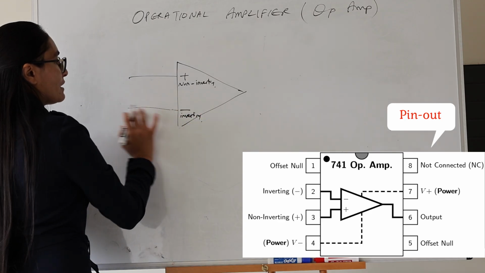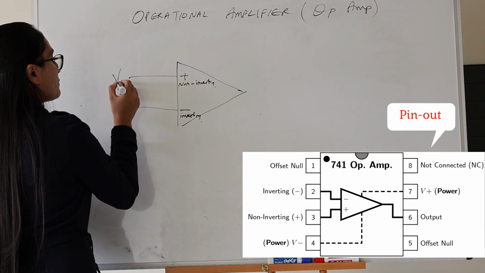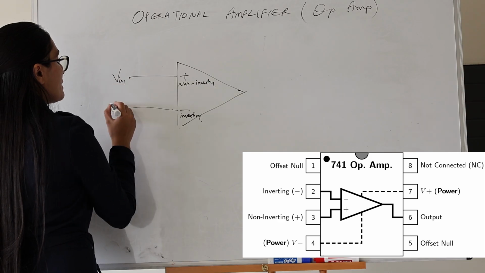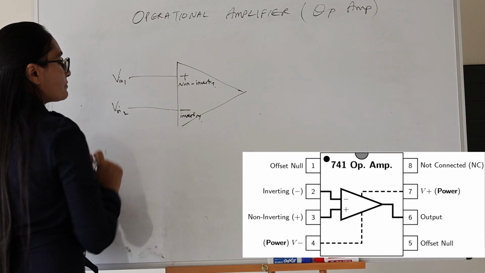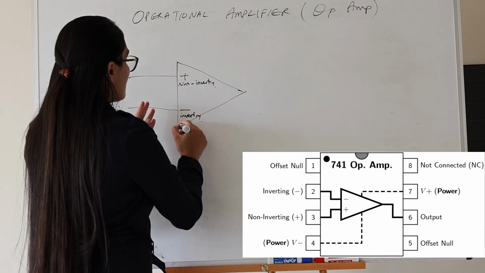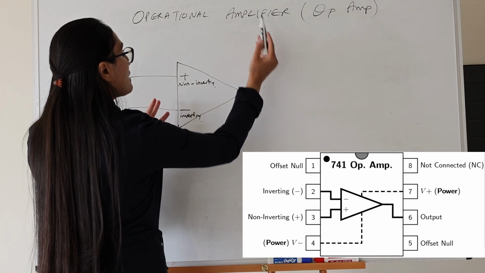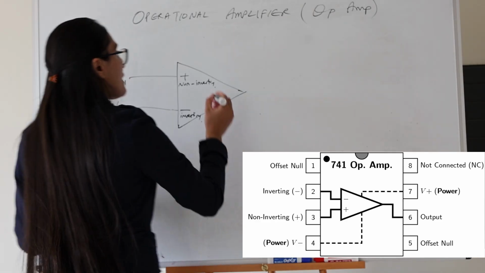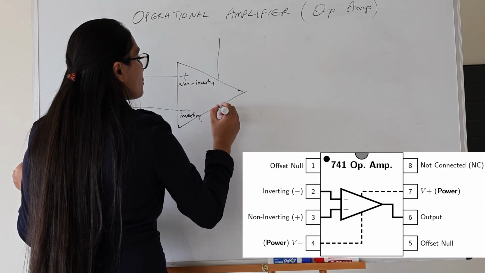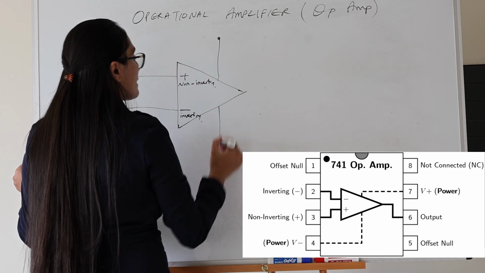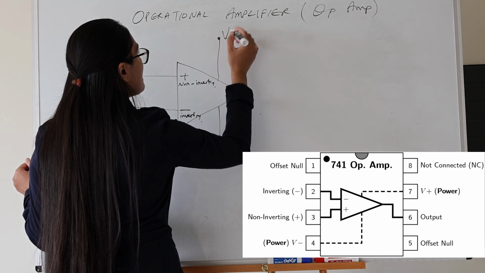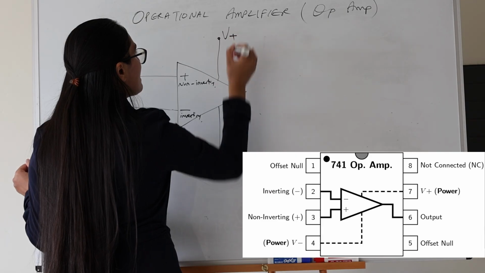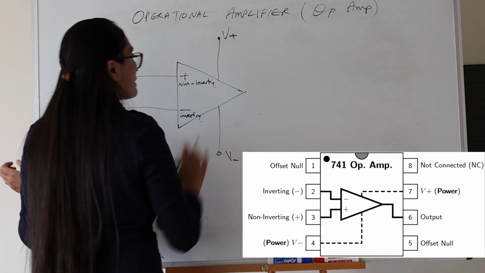And here we can feed input. So this could be an input voltage V in 1, V in 2. And then because these operational amplifiers are used to amplify, we have to have a power supply to power the op-amp. So this is V supply, so let's call it V plus, V minus.